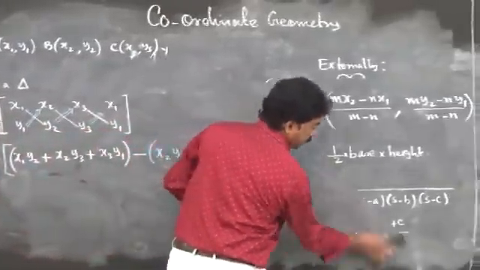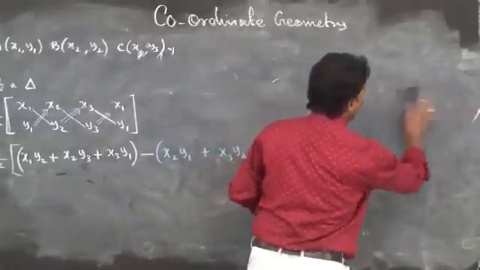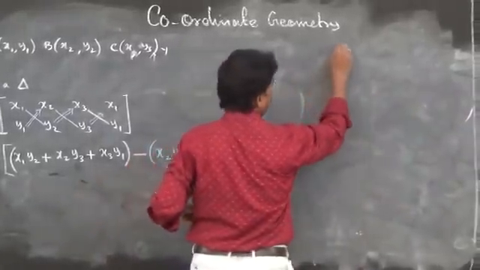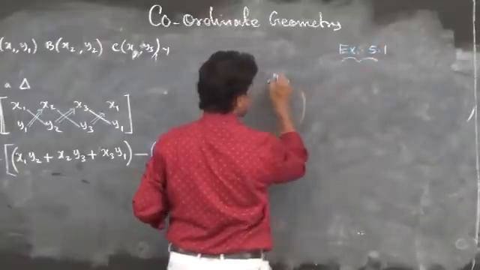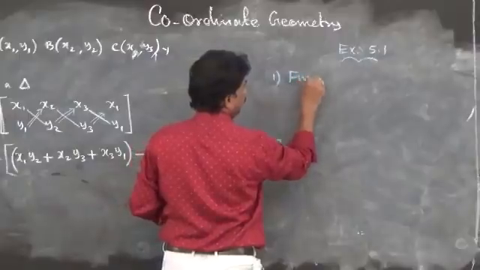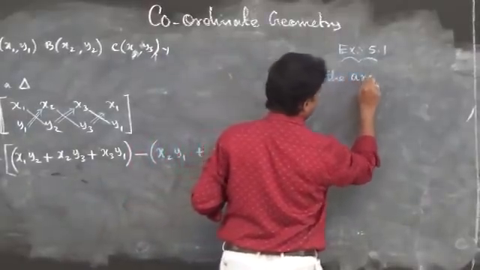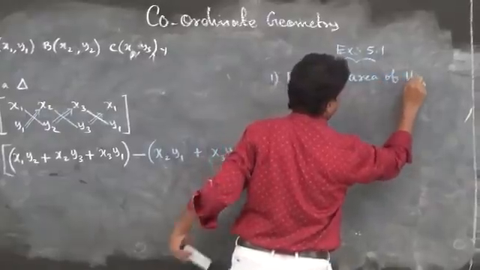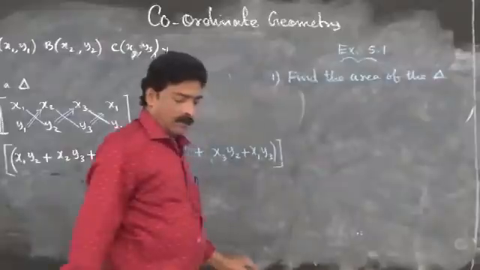In exercise 5.1, your chapter is the 5th chapter. In that 5.1, the first question is, find the area of the triangle. The vertices are given. What are the vertices?